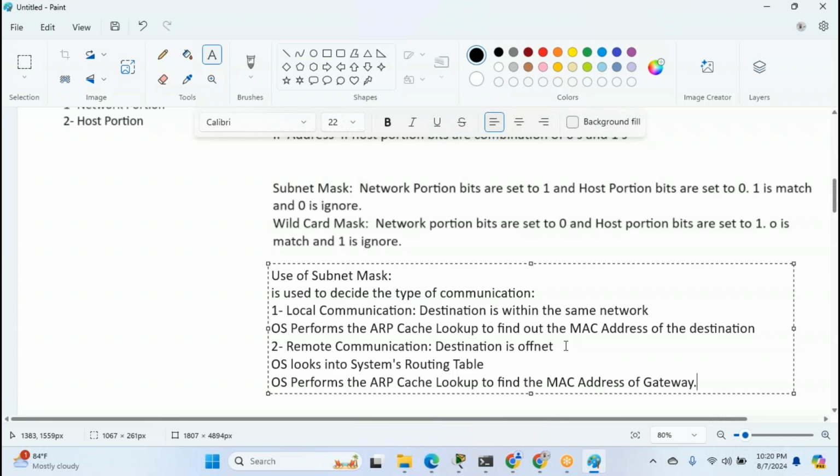When we configure the gateway IP address on a system, a route is added into the system's routing table. If we do not configure the gateway IP, that route is not added and your system cannot communicate outside of the network. So the OS performs the ARP cache lookup to find the MAC address of the gateway.